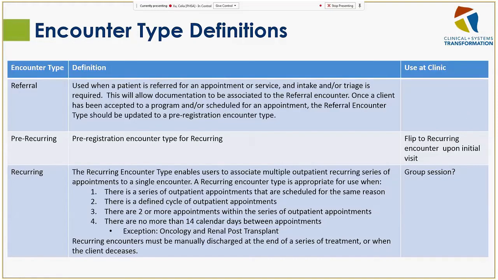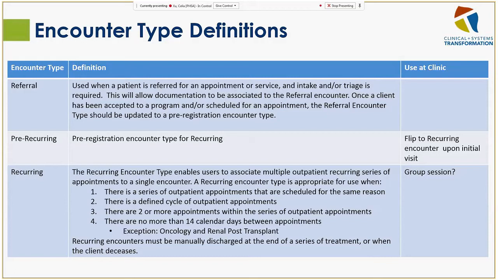So here are some encounter types we have in Cerner. First of all is referral. This is probably the most straightforward one, the same idea as a regular referral you would receive. When a patient is referred into a health organization for an appointment or service, a referral encounter will be created.